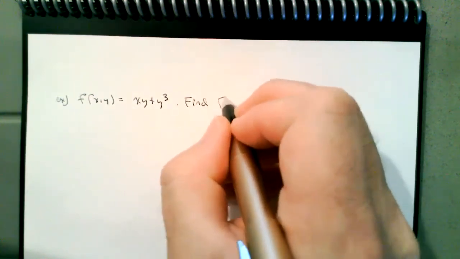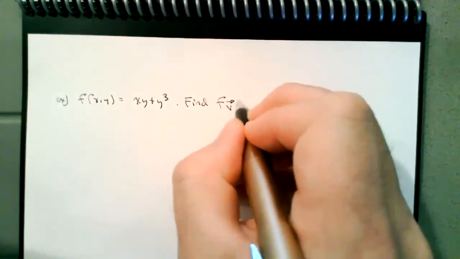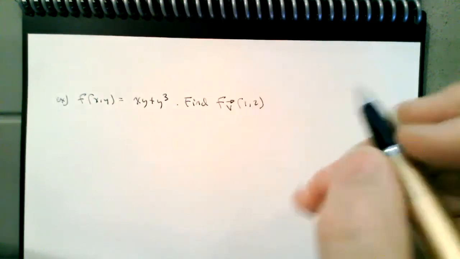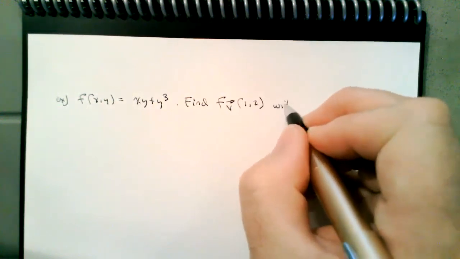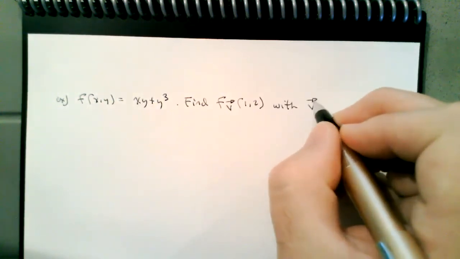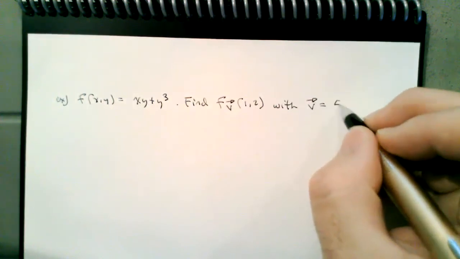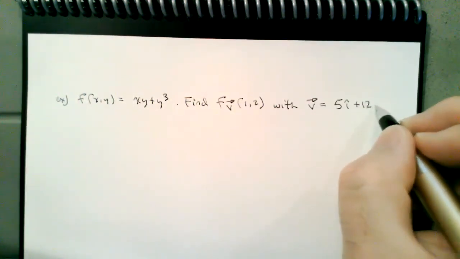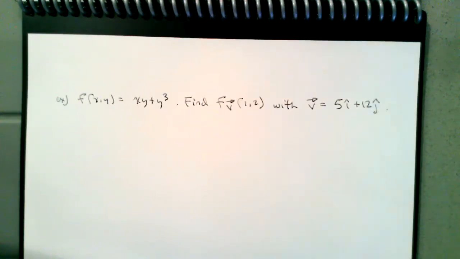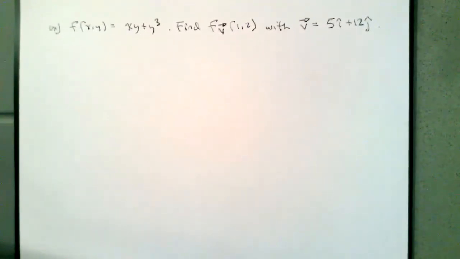Let's say I want to find f sub v at the point 1, 2 in the direction where v is 5i plus 12j. I want the derivative in this direction, 5i plus 12j.